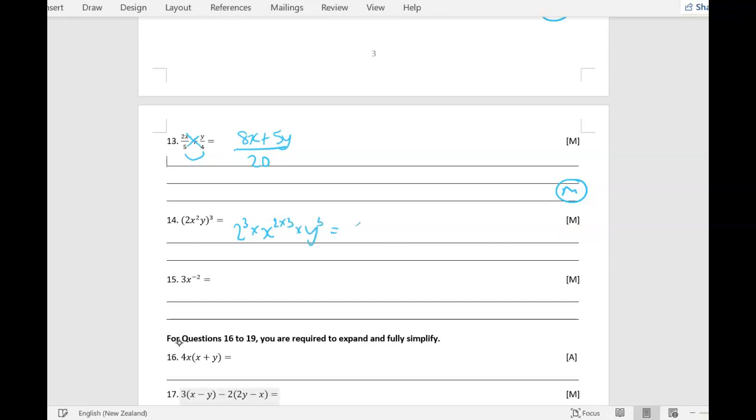So when we simplify that, that becomes 8x to the power of 6, y to the power of 3. A lot of us did have 5 here when we added the powers together. But that is the rule that applies to multiplication, not brackets. So you wouldn't have been right if you had that. And that was worth a merit question. Not a lot I can do for you. There was no achieves really I gave out there, just a merit.